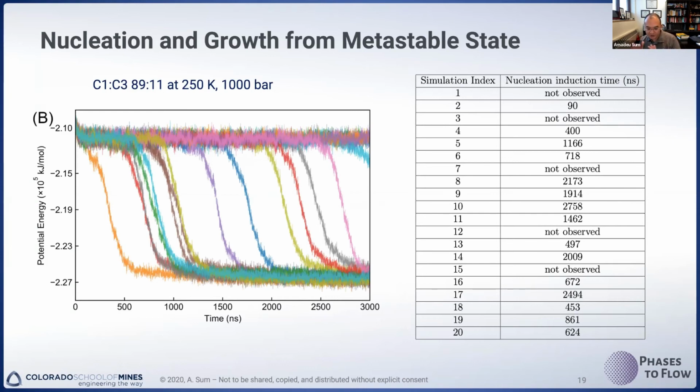How the molecules come together to form the cages is not going to be as sudden as we see in these trajectories. It might be much more gradual under a milder condition.